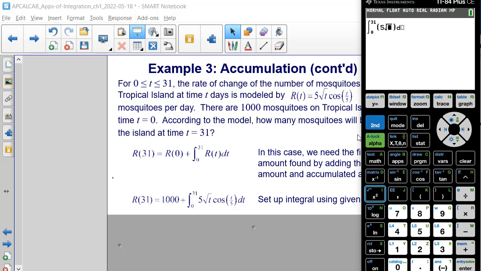So 5 times the square root of x, and then I'm still in the integrand because I want to add more to it, the cosine of x divided by 5, and then close the parenthesis for that angle. And now the integrand is complete, and we have to put dx here because I am integrating with respect to x. So when I do that, it gives me an output value of negative 35 and about 665 thousandths.